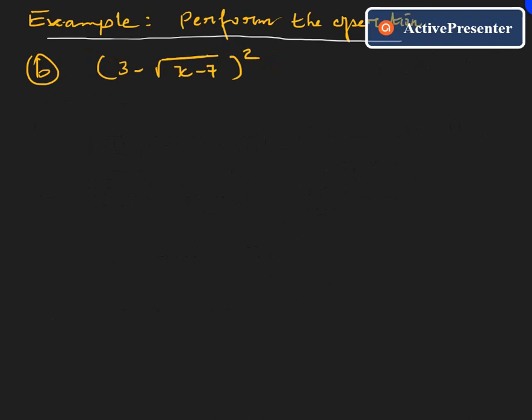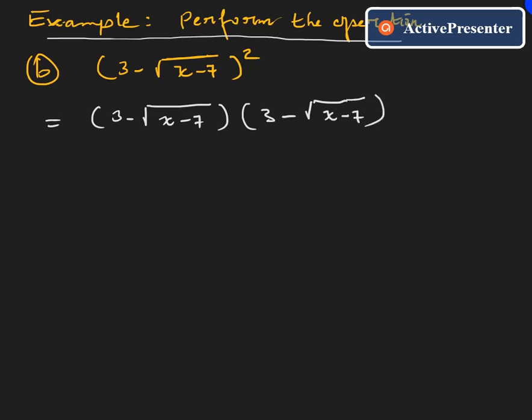If another question comes to you, 3 minus square root of x minus 7, all squared. So how to simplify that, or how to perform this operation? This is exactly equal to 3 minus square root of x minus 7 multiplied in itself: 3 minus square root of x minus 7.